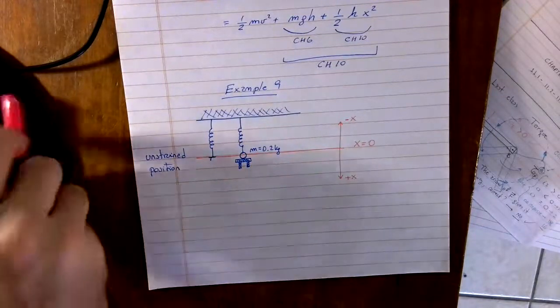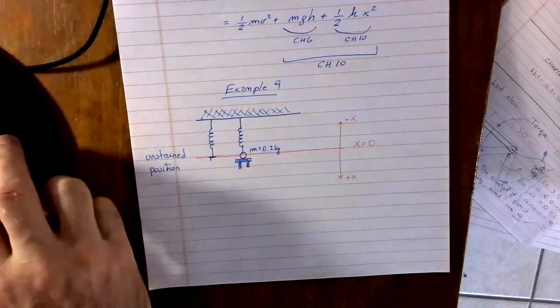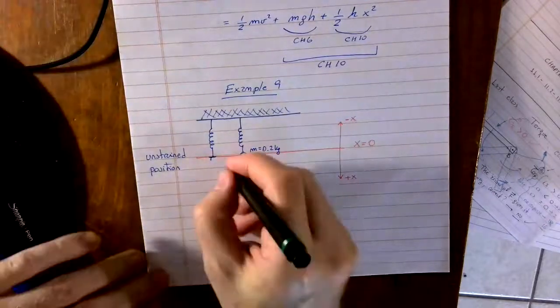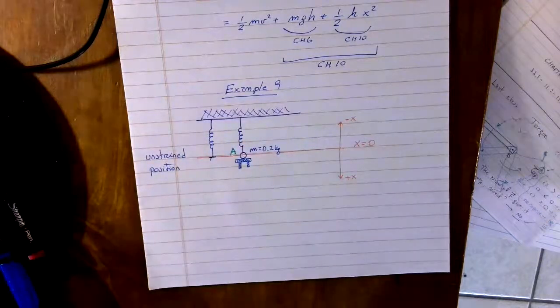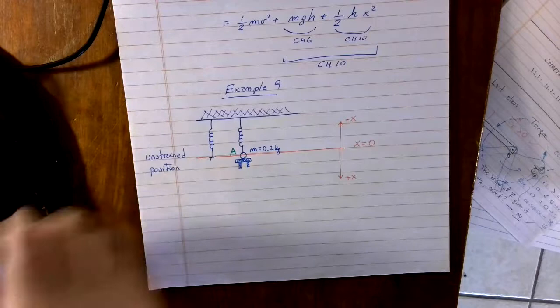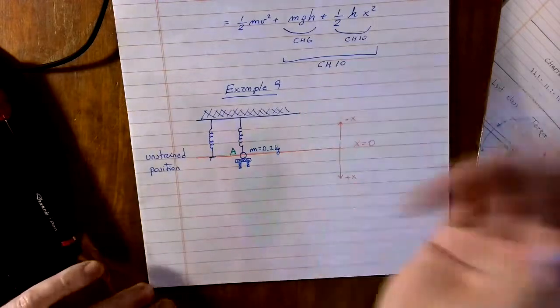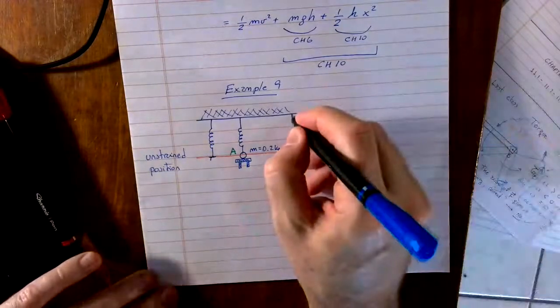So now this is the initial position. Let's call this position A. This is really the initial position. We are holding it there, and then we release it at a later time.